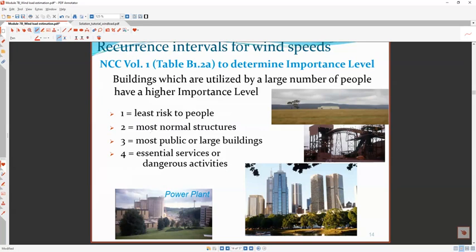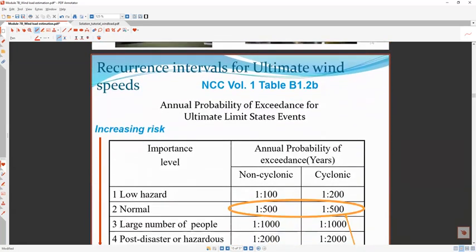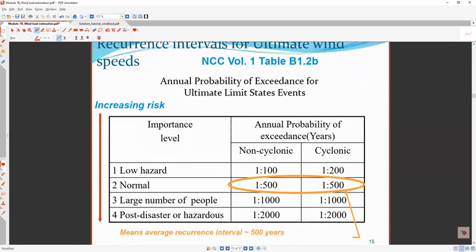Now, if you look at the importance level of the structure, then what happens? You see this plot. It says that as the risk increases, the annual probability of exceedance changes. For a normal structure, 1:500. That means it will be designed for a structure where the critical cyclone comes every 500 years.